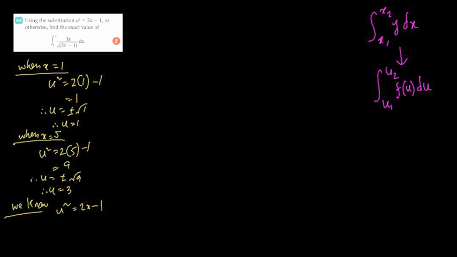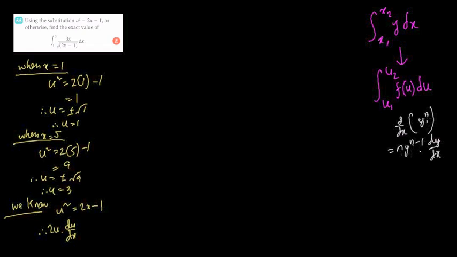Implicit differentiation, for example, when you have d by dx of y to the power n, the implicit differentiation would be n y to the power n minus 1, again dy by dx. That's the implicit differentiation for this particular sum. So derivative of u square would be 2u, and with this we will have du by dx.